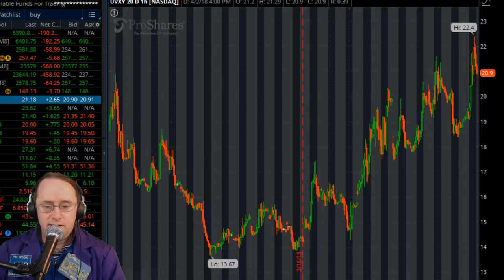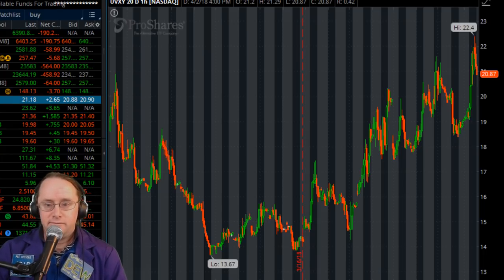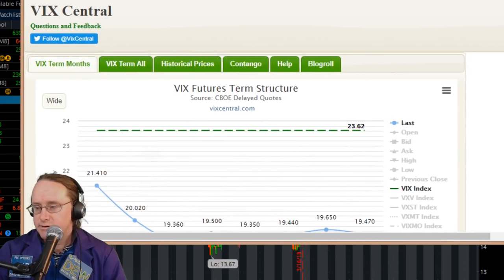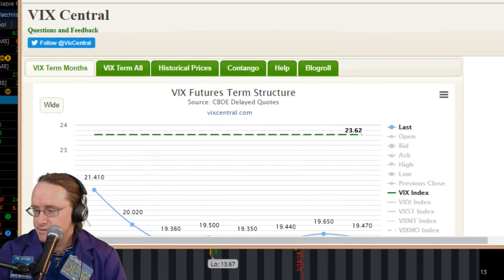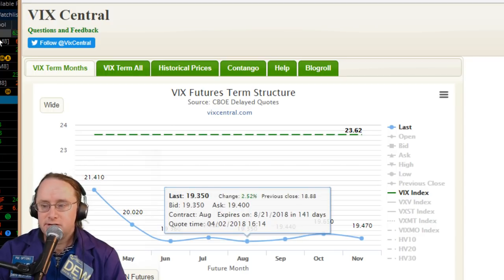And we can look at that on our VIX chart, which I can pull up right here. I like to go to VIX Central to look at the term structure. Okay, so let's pull up our term structure here. And that shows us the term structure.